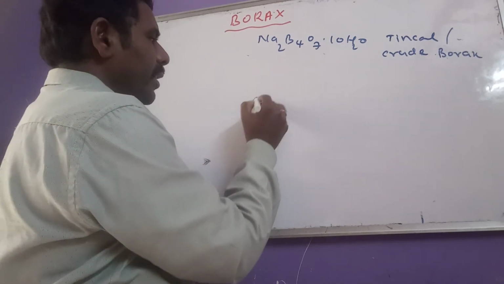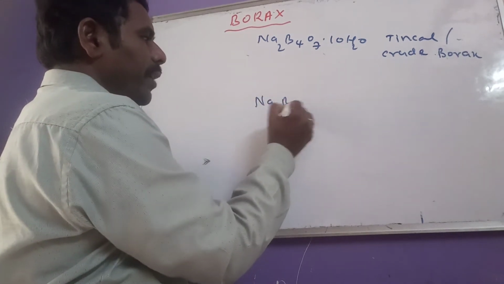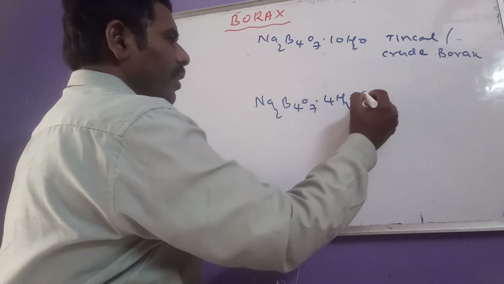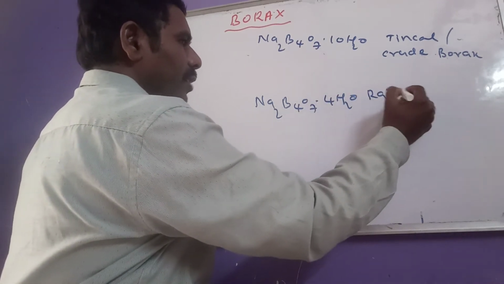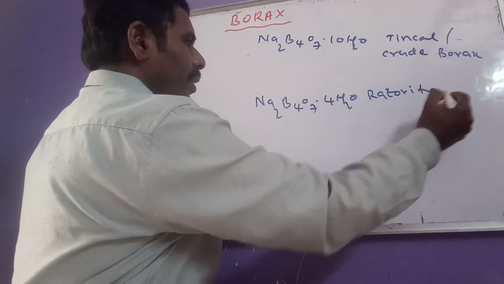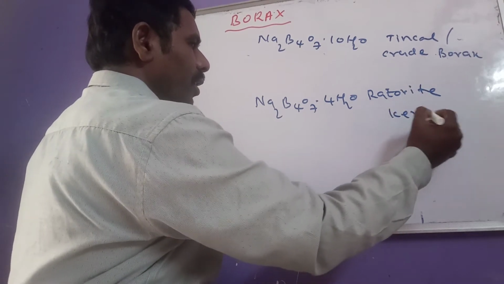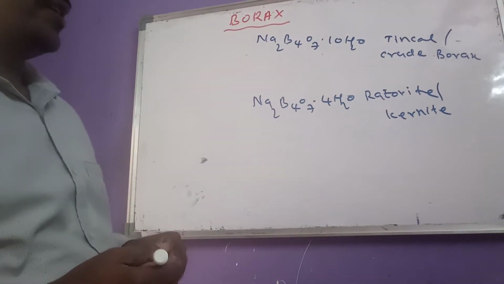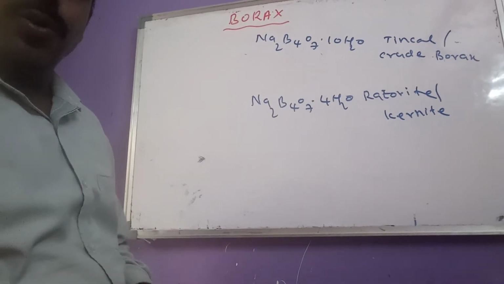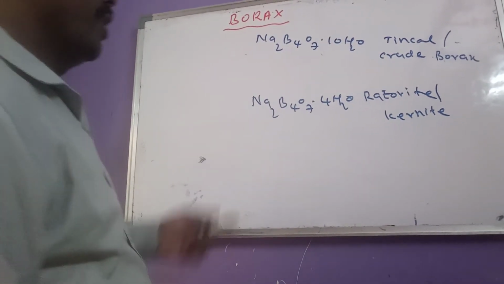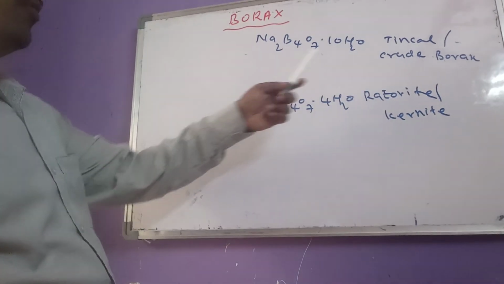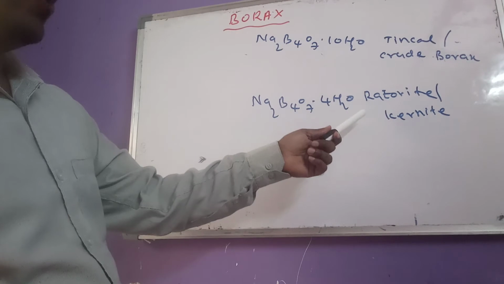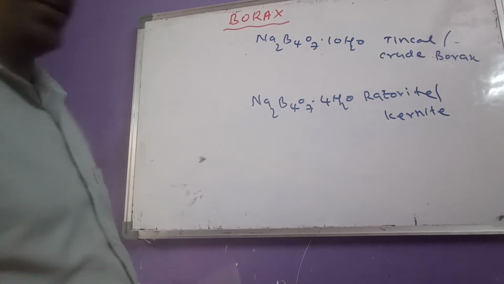Another one is Na2B4O7·4H2O. Its name is rasorite, also called kernite. So these are the two different forms in which borax exists in nature: one is tincal or crude borax, another one is rasorite or kernite.